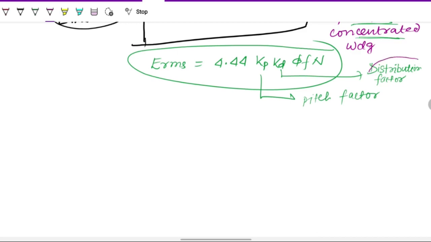We will learn about distribution factor and pitch factor separately.